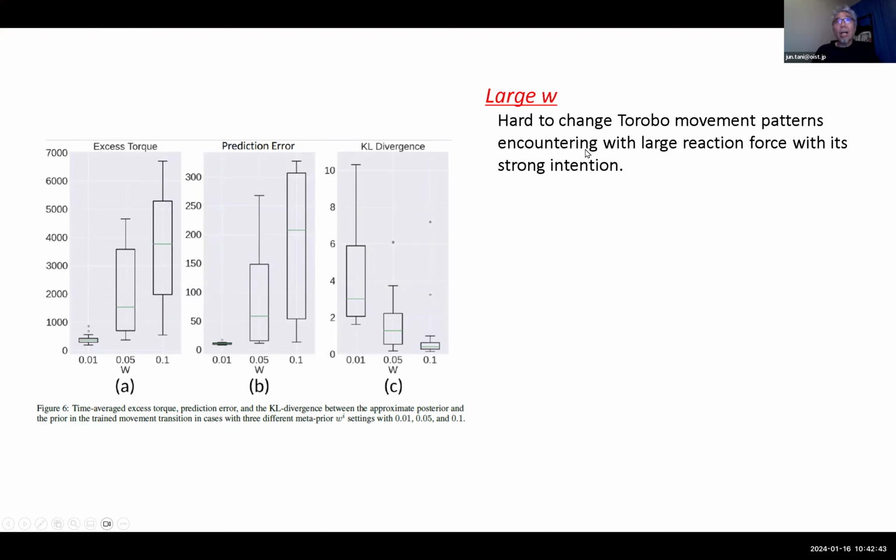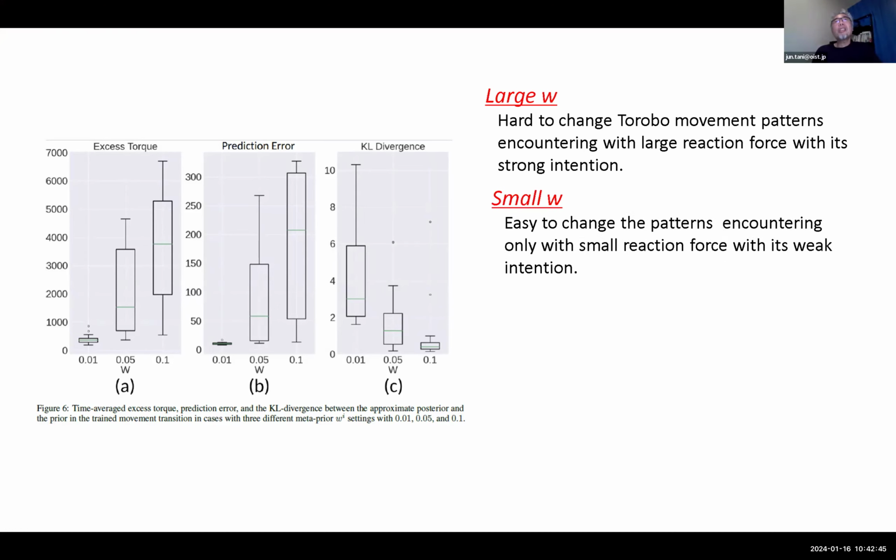But on the other hand, when set with small W, it's very easy to change the movement patterns, encountering only a small reaction force from the robot with its weak intention. So that is the difference we see. It's kind of excess torque. When W is much larger, the reaction force becomes larger, and more force is required for the human to induce an untrained transition.